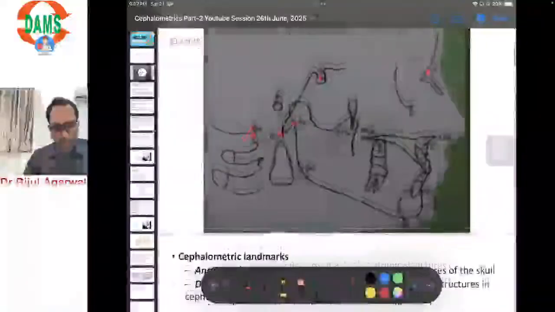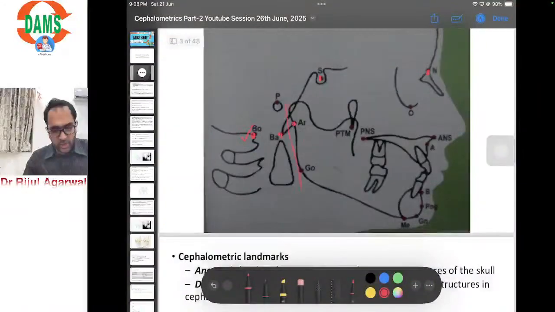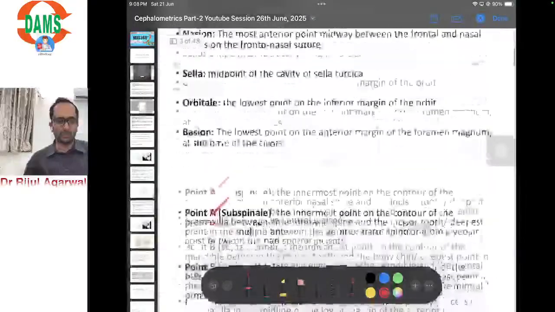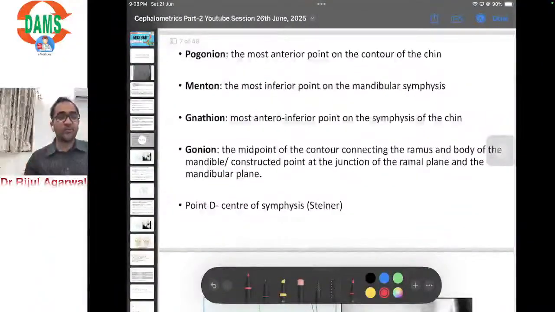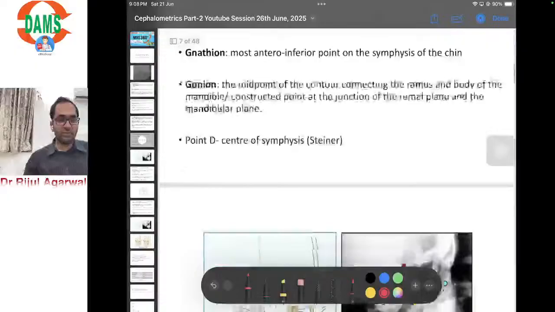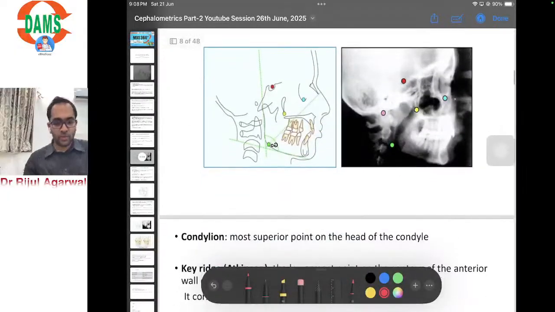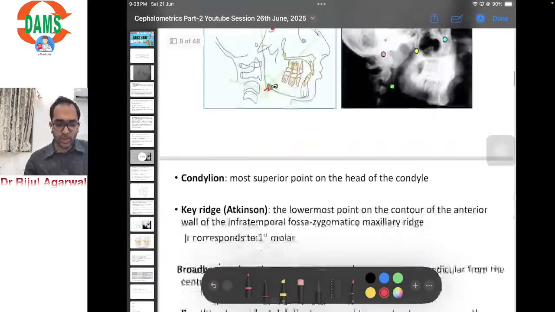So what you need to do is draw a tangent along the posterior border and a tangent along the lower border, extend them, and the point at which they join gives you gonion. Point D is the center of the symphysis. It was given by Steiner. So this is how you obtain gonion.